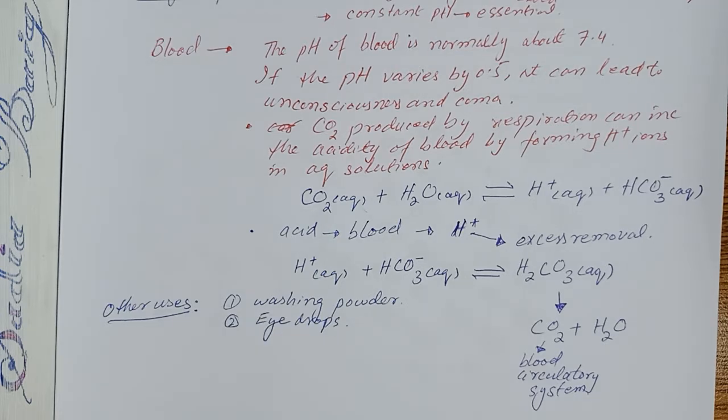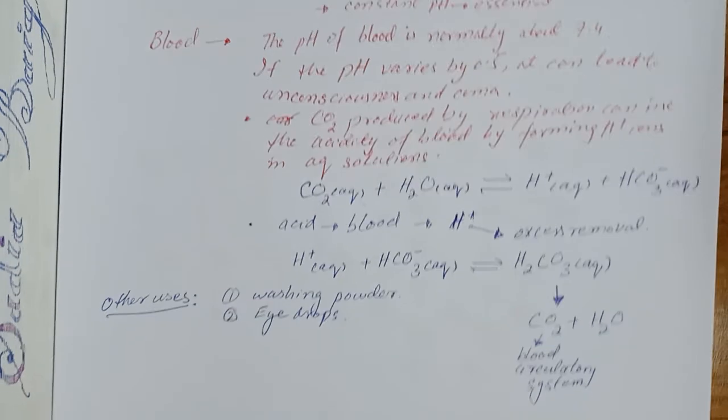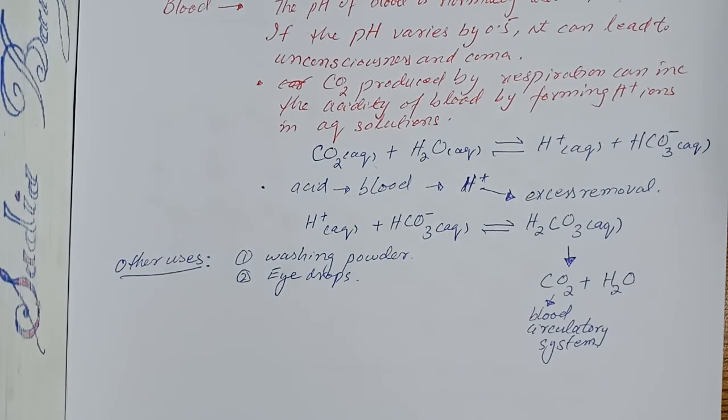Eyes also have a specific pH, so eye drops contain buffer solutions, so that any irritation that is causing a pH change in the eye can be neutralized using the eye drops which contain the buffer solutions. So here we have discussed a few of the common examples of buffer solutions that are used in daily life.